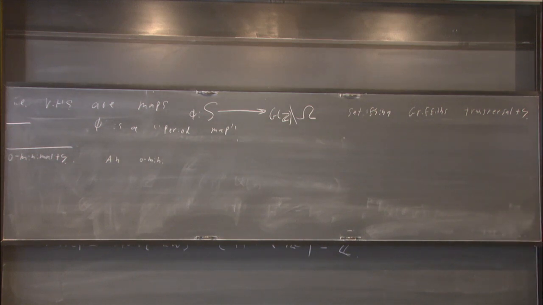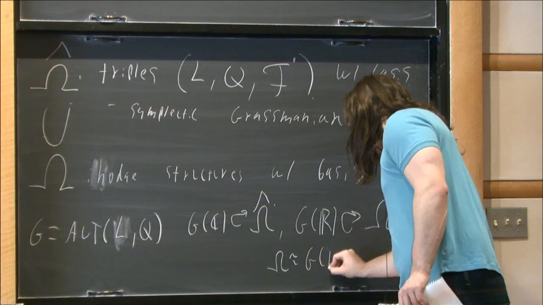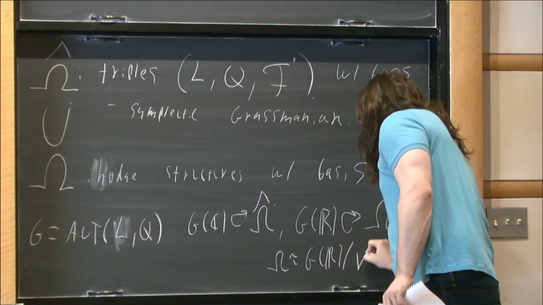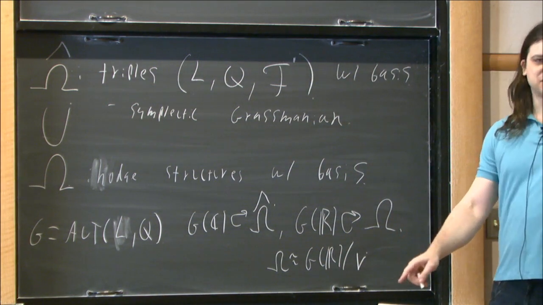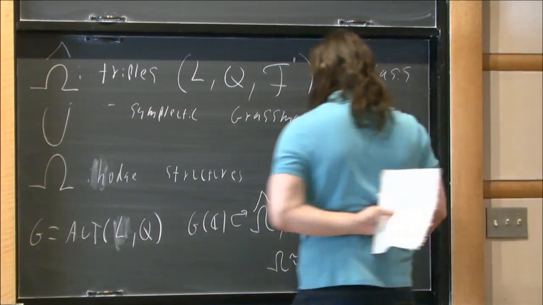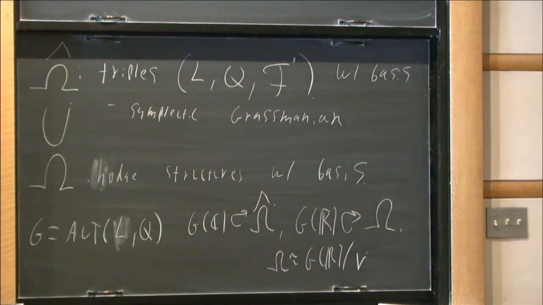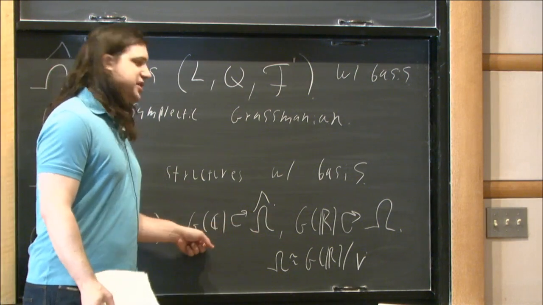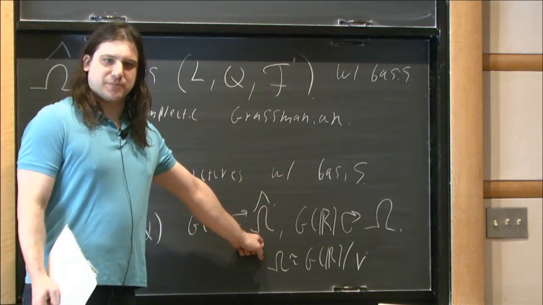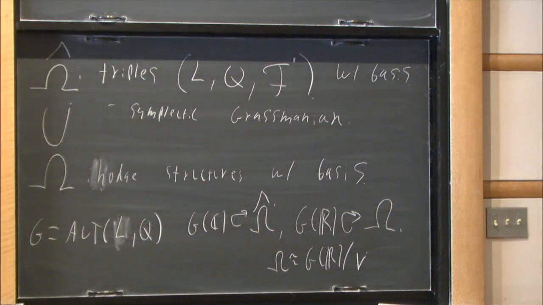I didn't mention this yet, but this acts transitively and allows you to identify Ω with GR mod V, where V is compact, though not maximal compact. You can also identify Ω hat with GC modulo some parabolic group.